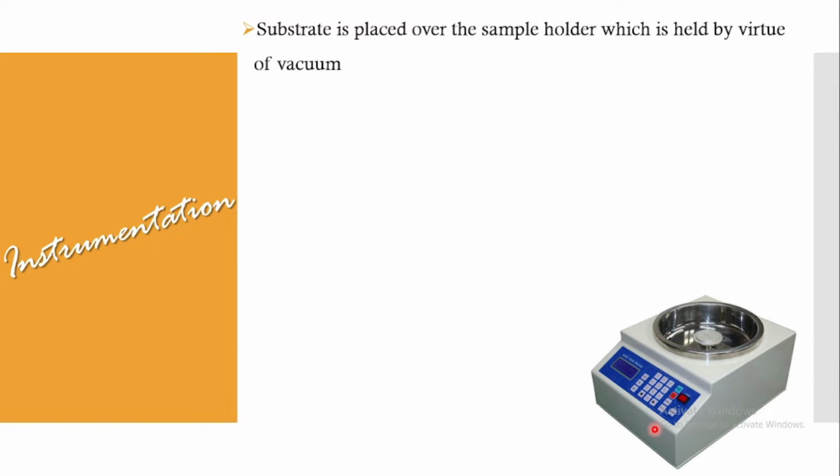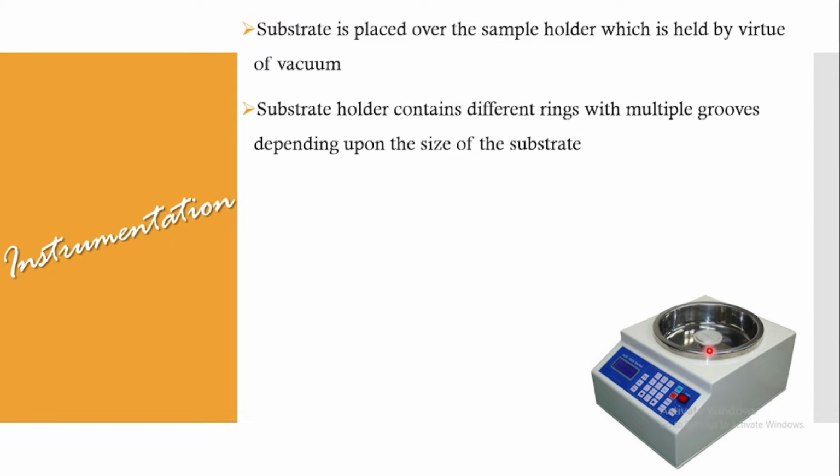First, the substrate is placed on the sample holder, which you can see here, and this sample holder holds the substrate by virtue of vacuum, which is generated by a dedicated vacuum pump, so that while spinning the substrate remains adhered. Then the substrate holder contains different rings which have some grooves depending on the size of the substrate.